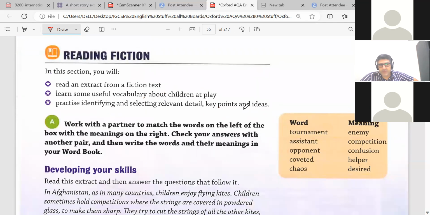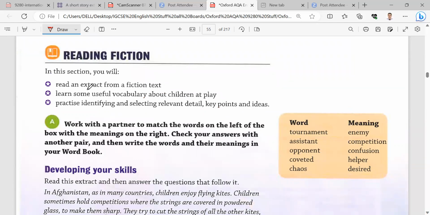Reading fiction. This is really important and useful for you. But before we start, please let me know what I mean by reading fiction and what is the difference between fiction and non-fiction reading. Yes.